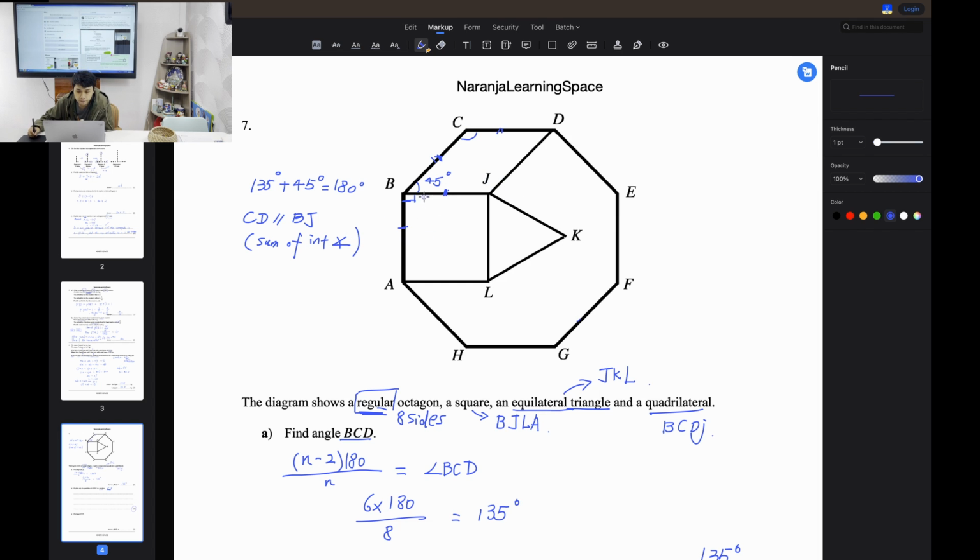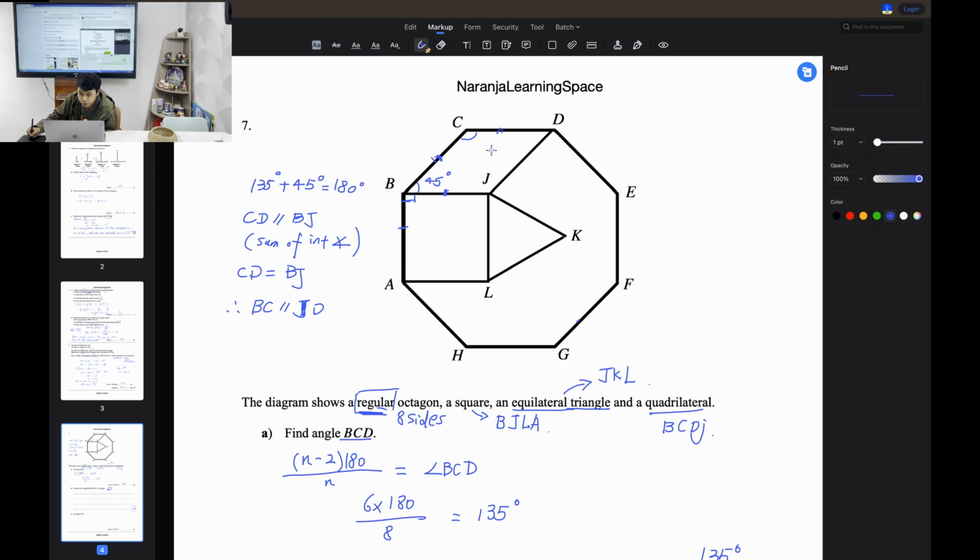And because they are parallel and they are equal, this gives us BC and JD also parallel.